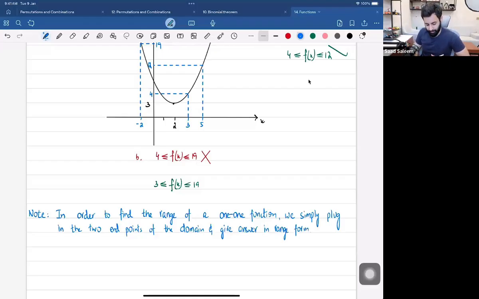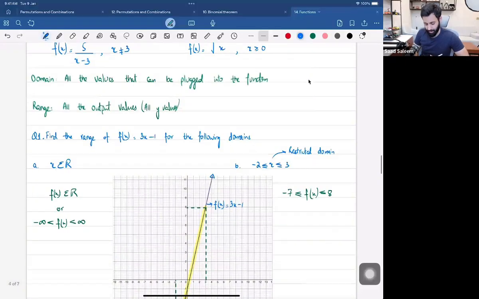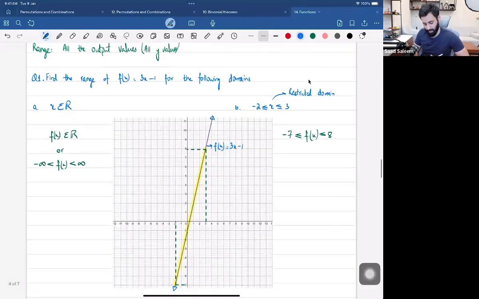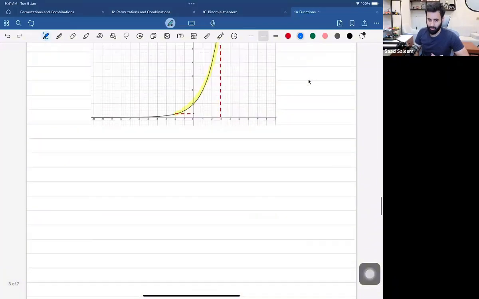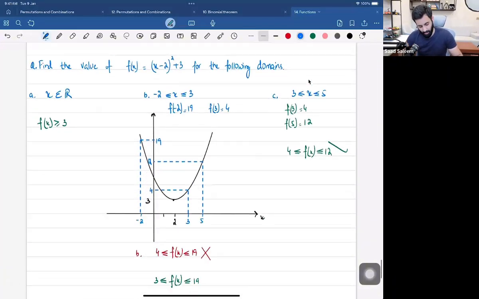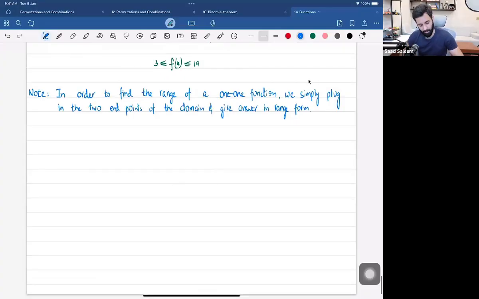Okay, so for example, in question number 1 and question number 2, you plug in the endpoints and give your answer in range form.